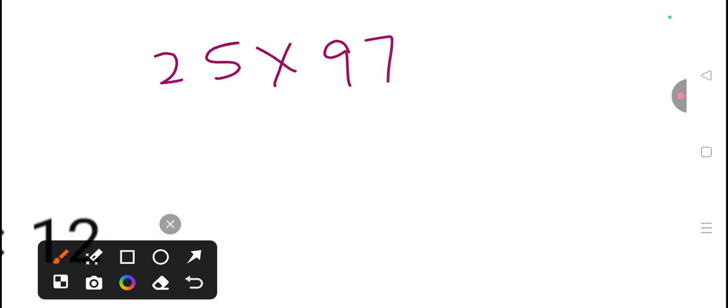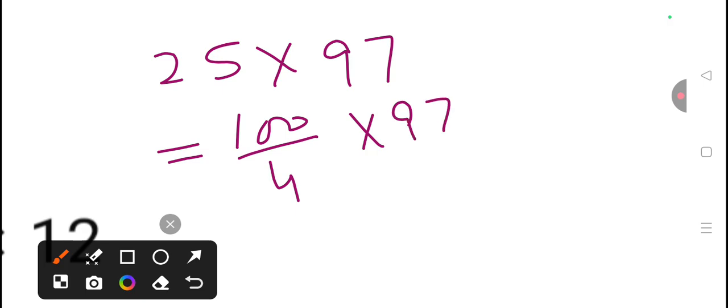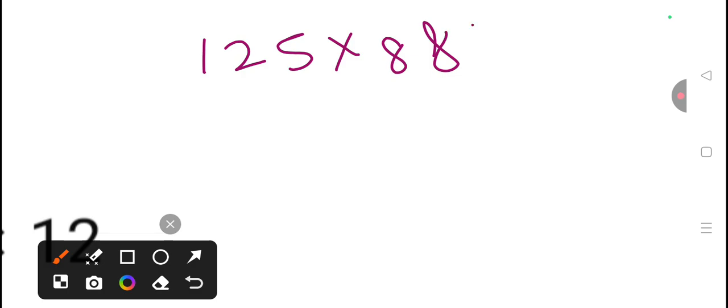Now there are many more sums, like the ones where you have to solve quickly or solve fast. Here we have a sum like 25 into 97. In this kind of sum we can write 25 as 100 upon 4, into 97, and then we can solve this, right? Take another example, you have 125 into 88.